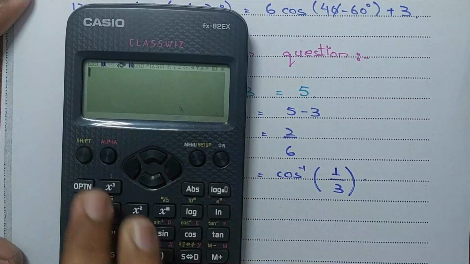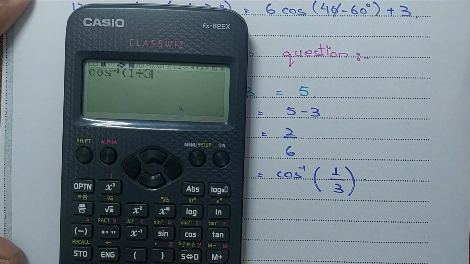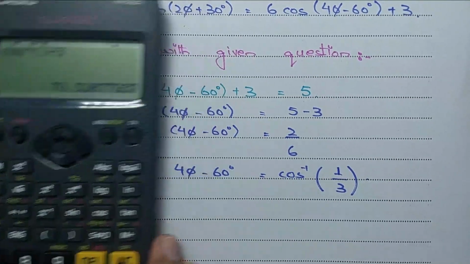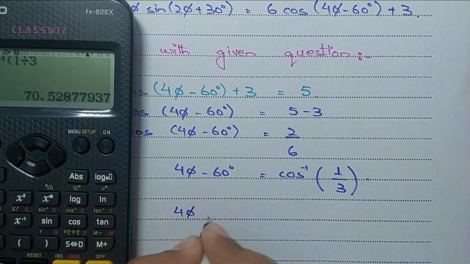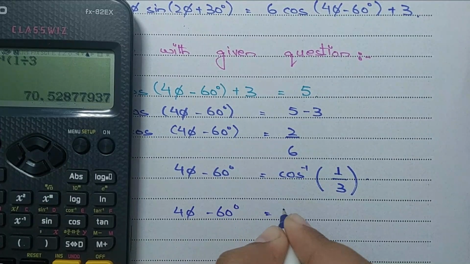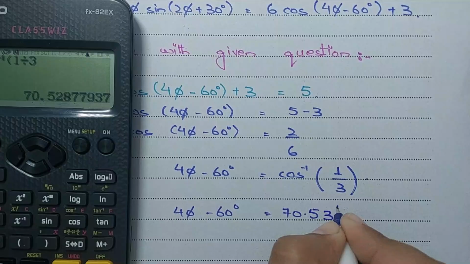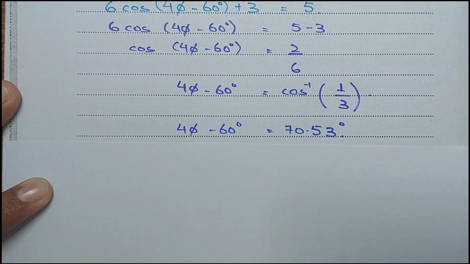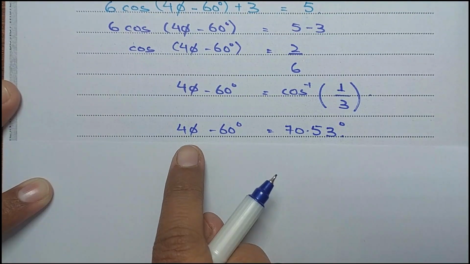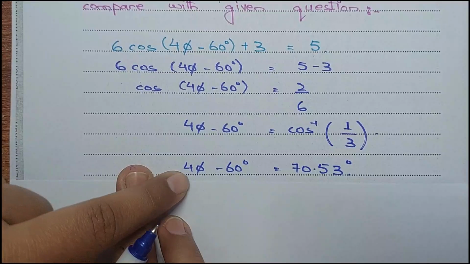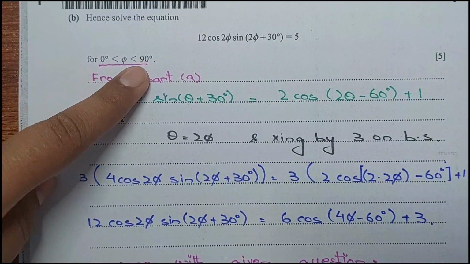This is in degrees, right? Cos inverse of 1 over 3, so 4 phi minus 60 degree is 70.53 degree.